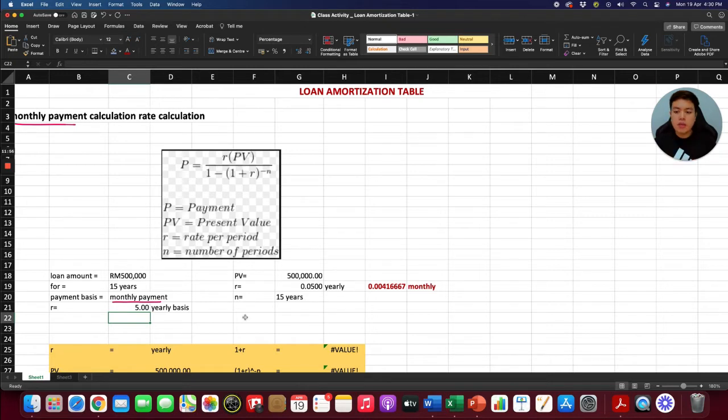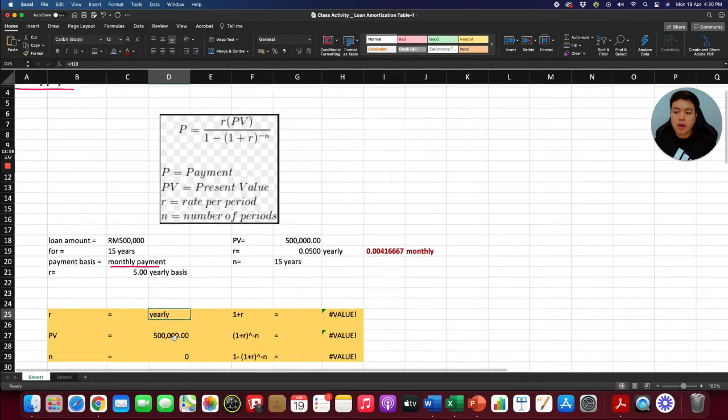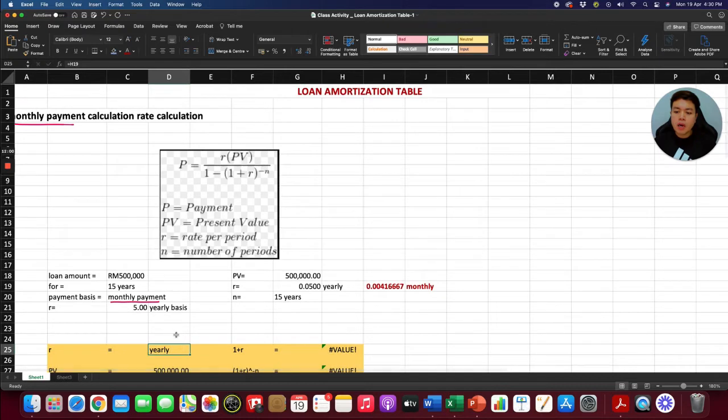All right, okay. What about n? If you guys remember just now, n is the number of times payment is being made, so number of periods. So you are making payment for 15 years. All right, correct? 15 years. All right, but you need it to be in months.